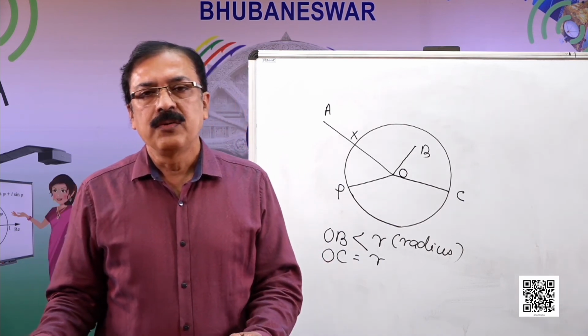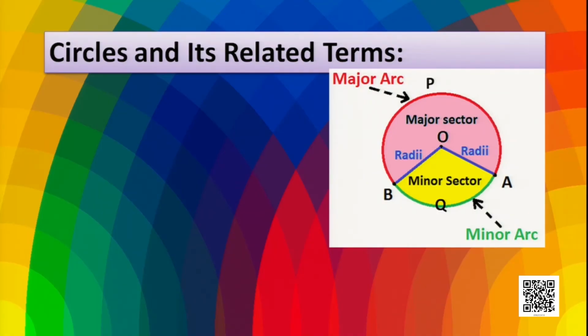Here we can see that the circle is again divided into two parts, but in a different way. So what is this way? You see the endpoints A and B on the circle are joined with the center, and the region is bounded by these radii and the arc.